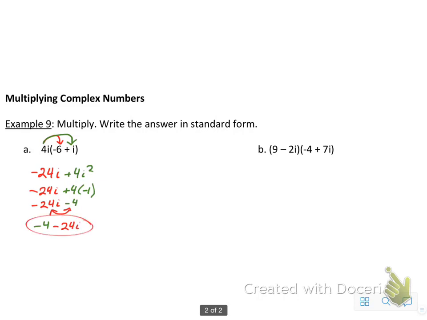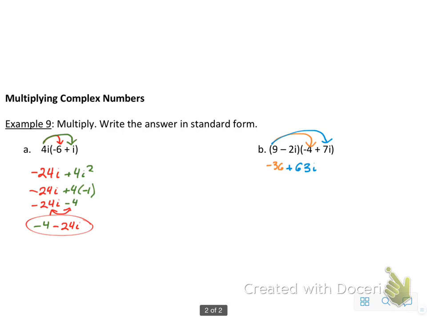All right, last one. We are actually double distributing. So we have to distribute the 9 to the other side and the negative 2i. So we have 9 times negative 4. Well, that is negative 36. We have 9 times 7i, which is positive 63i.